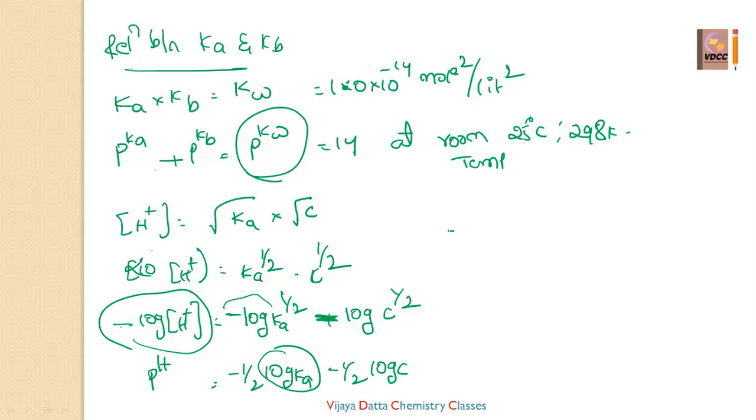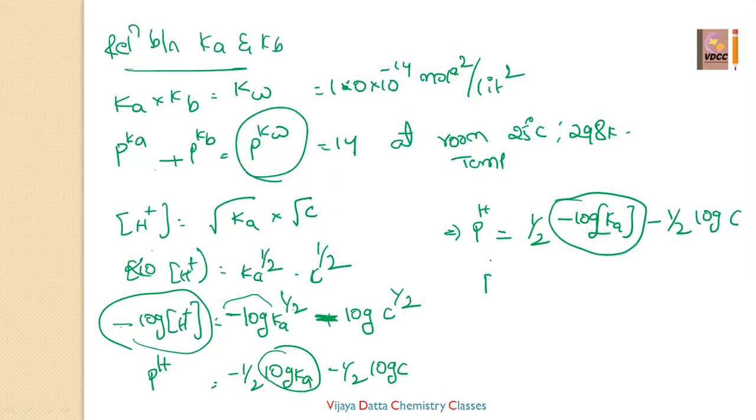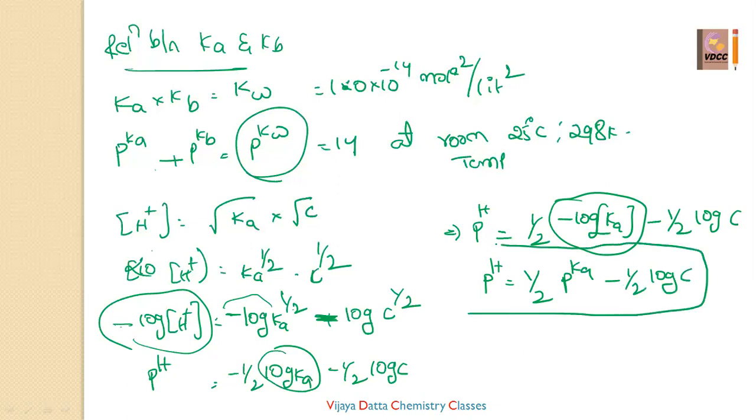Then pH is equal to minus half, minus log Ka, minus half log C. This minus log Ka is nothing but pKa. So pH is equal to half pKa minus half log C. This is the formula we can use for the calculation.